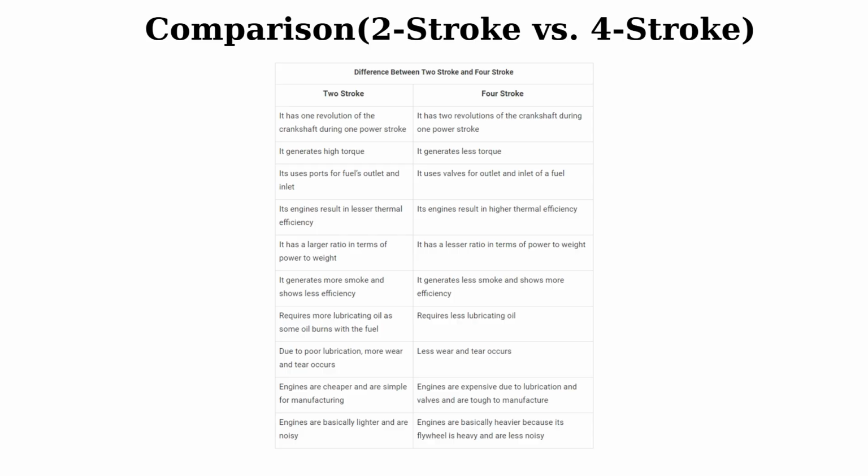Because of this, two-stroke engines consume more fuel. So in conclusion, if efficiency is important, four-stroke engines are the better choice. But if efficiency is not important for you, you can use two-stroke engines.